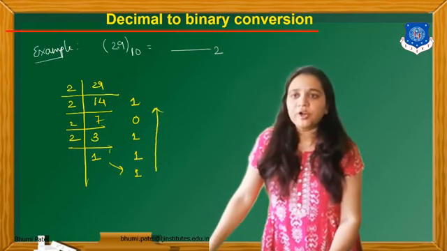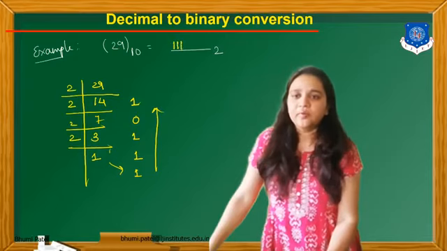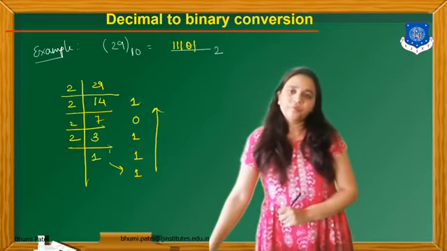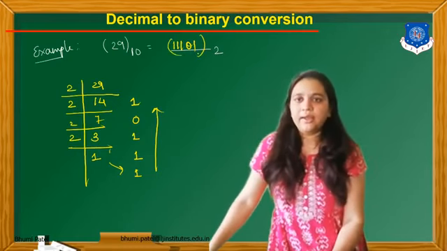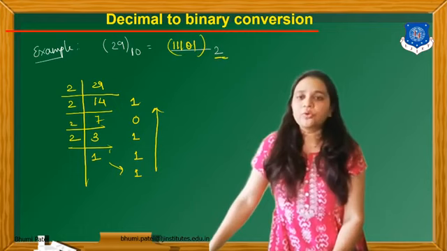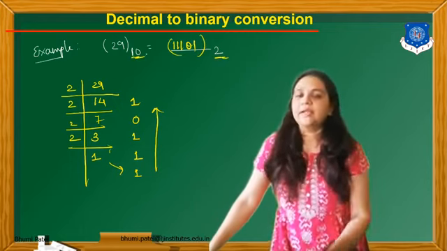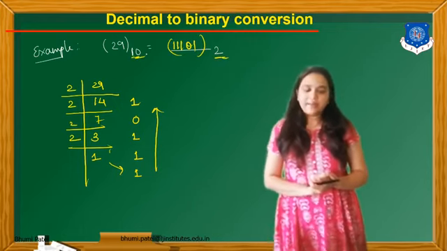So the conversion of 29 decimal to binary is 11101. Okay, so you have to write the binary number in the bracket, and the base is 2 for binary, and for decimal it will be 10.